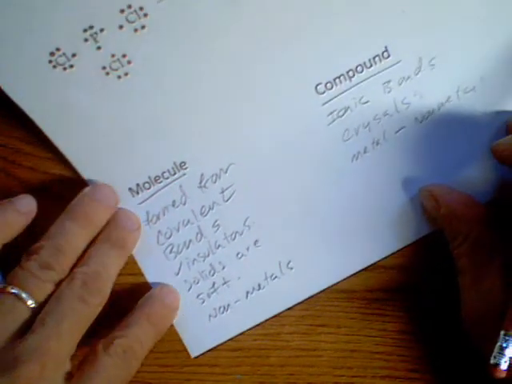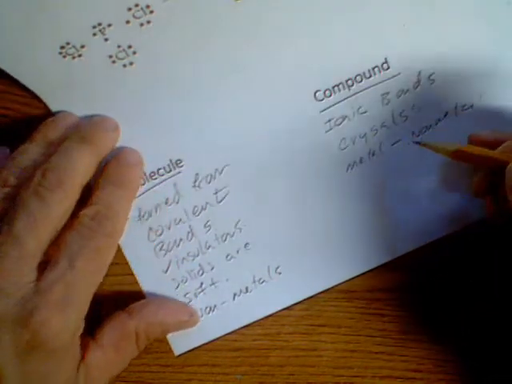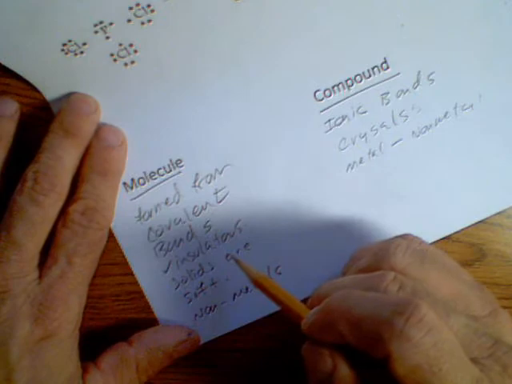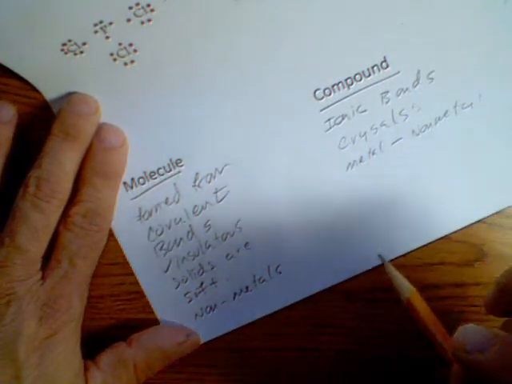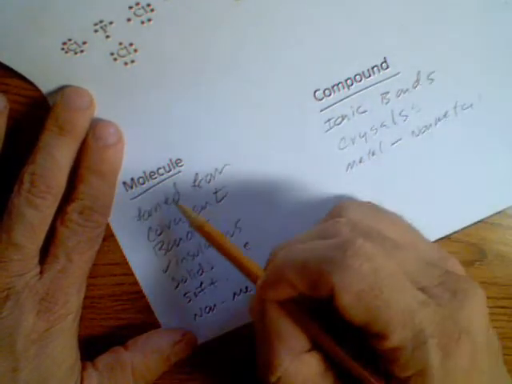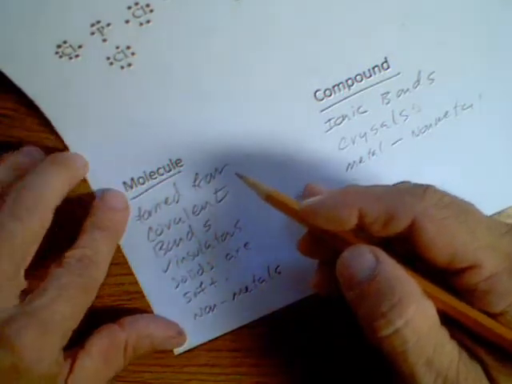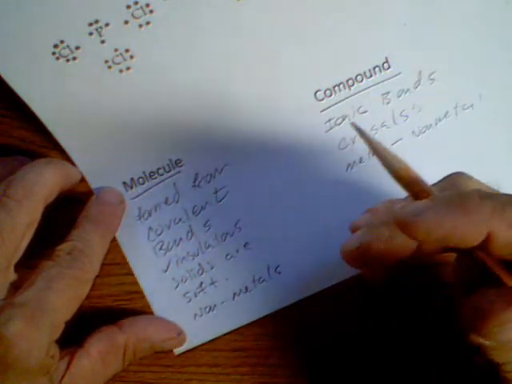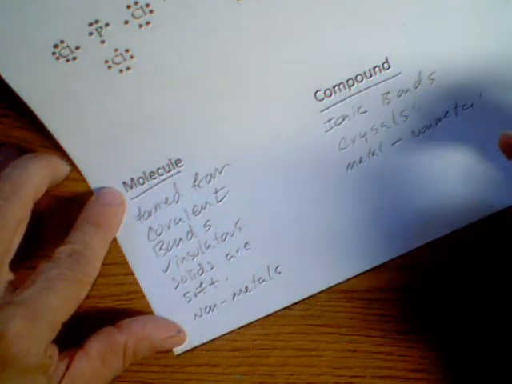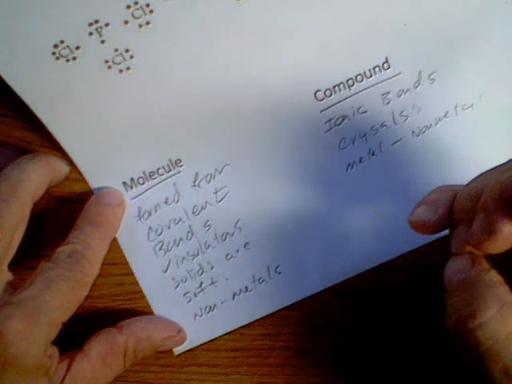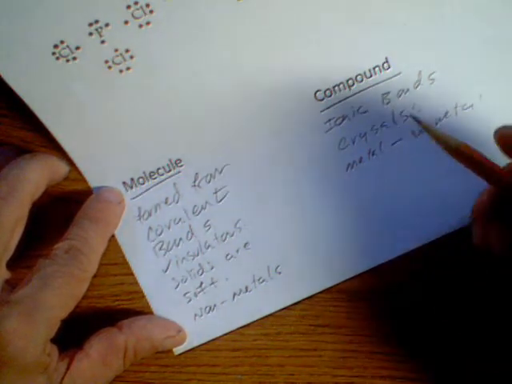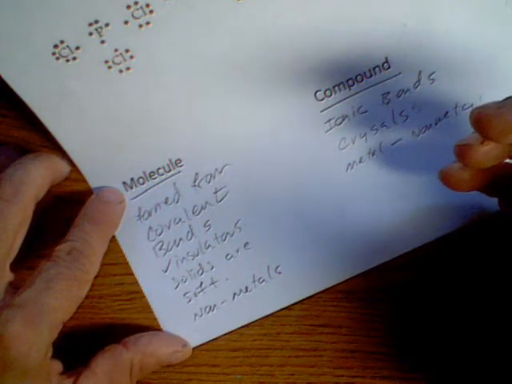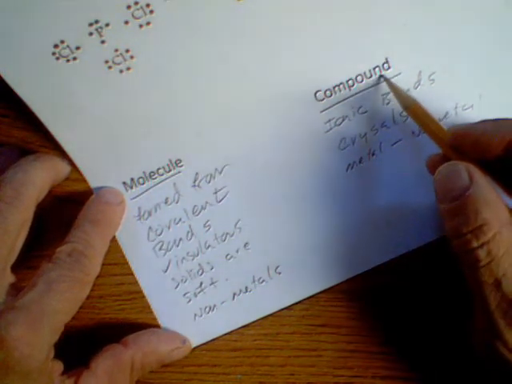Compounds typically form ions whenever you put them in water. Molecules do not form ions whenever you put them in water. So molecules are distinct from compounds. A molecular compound won't further break down in water, whereas a compound will. A compound such as salt will dissolve in water.